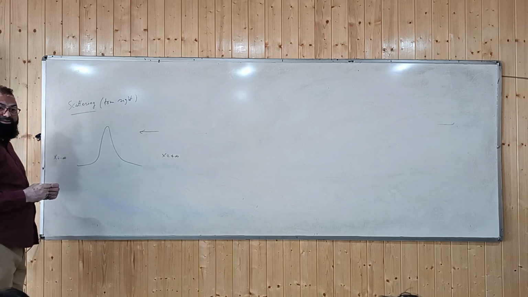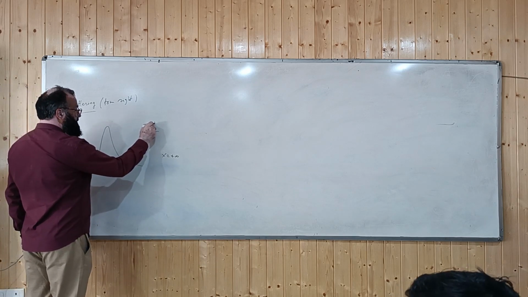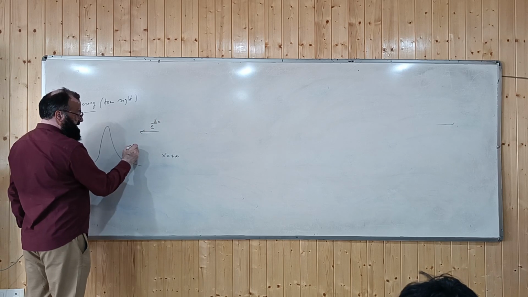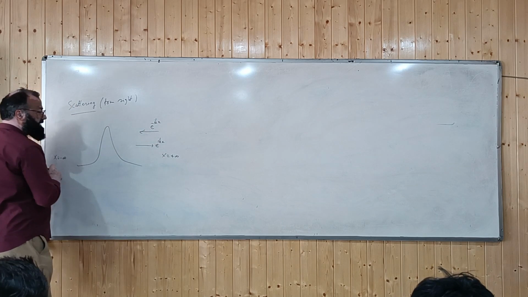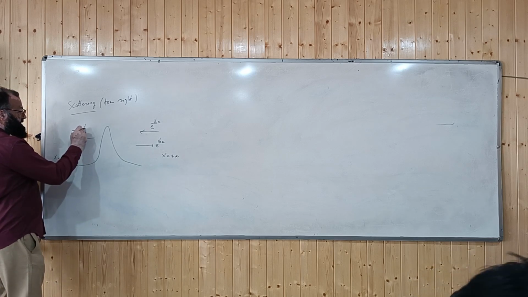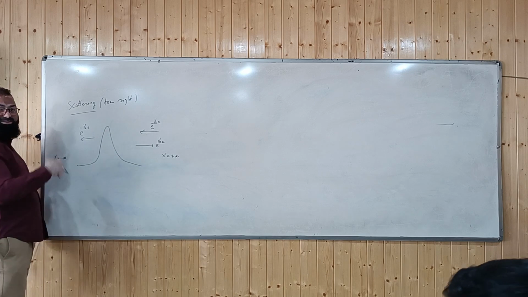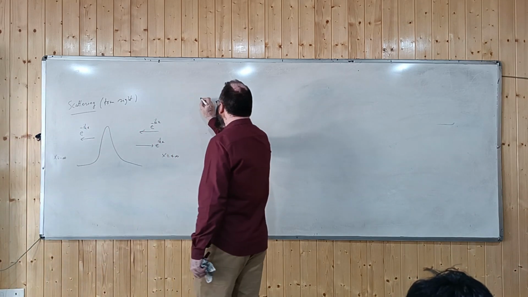What is the wave? So you are having e raised to the power minus i kx, and there will be actually the reflection, so it is simply e raised to the power i kx. So what will it be here? e raised to the power minus i kx. So it has come from right to left. So let me write now our asymptotic wave function.